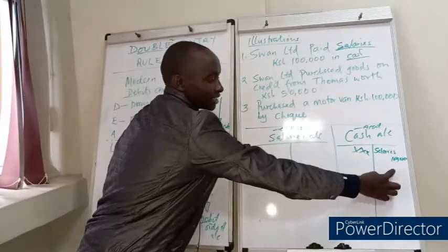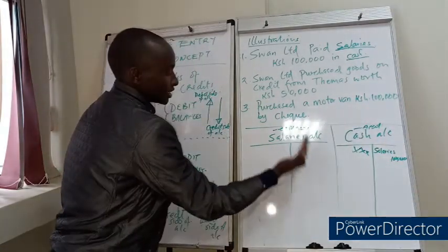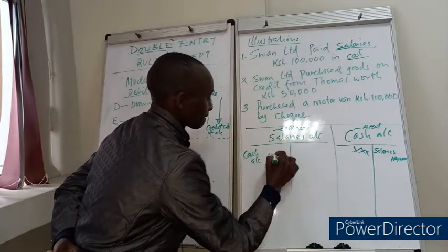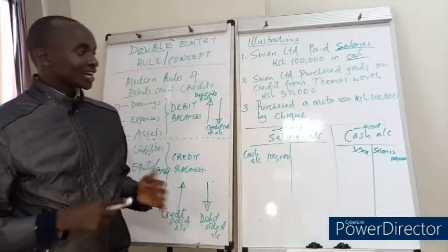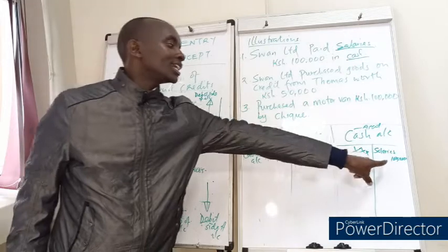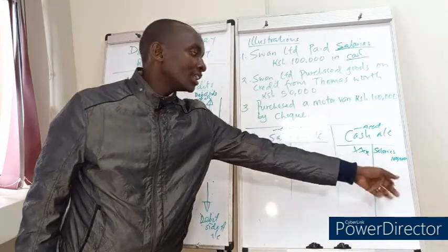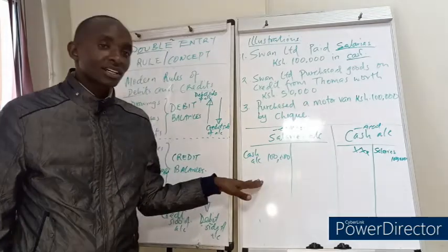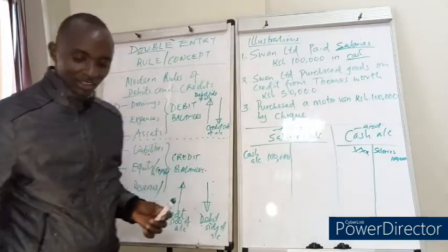So since the credit side, the cash, you've entered salaries on the credit side, the salaries on the other hand, we say cash account. Are we together? So what am I trying to explain? I'm saying that a double entry concept rule of account states that for every credit entry, that is what we've done in cash account, in one account, it must be followed by a corresponding debit entry in another account. That is what I have done. Are we together?